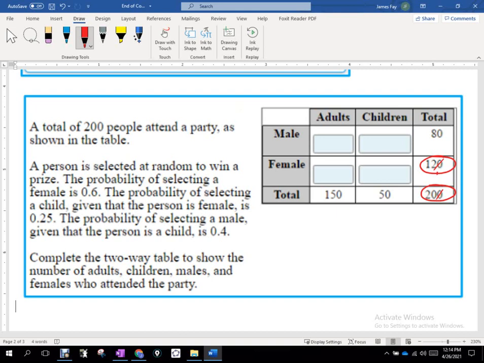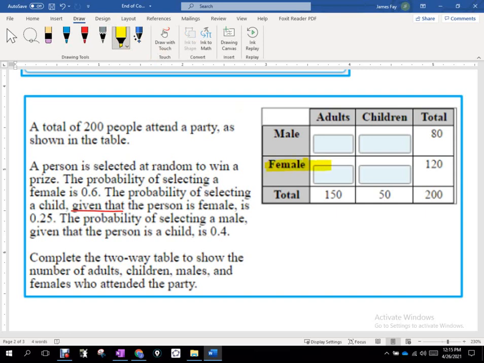Okay. So the probability of selecting a child, given that the child is female, is 25%. So it says given that the child is female. So the probability of selecting a child given that that person is a female.